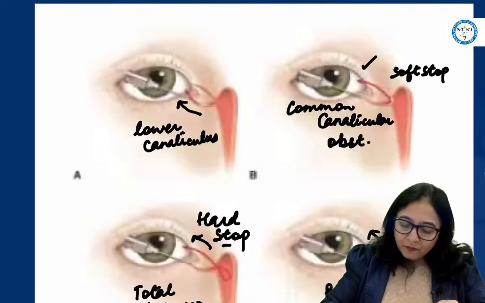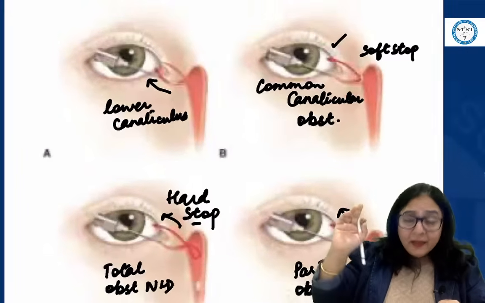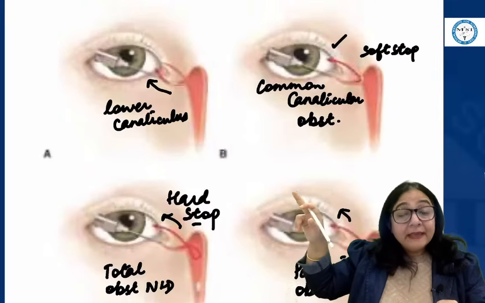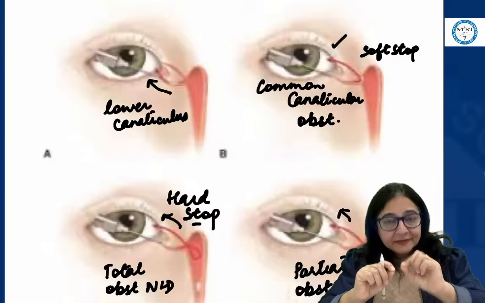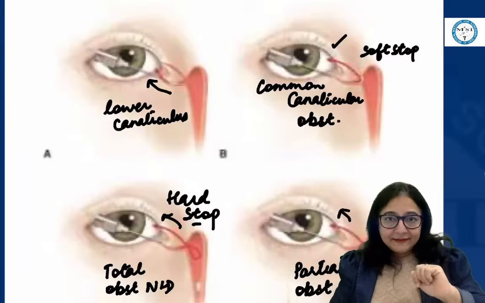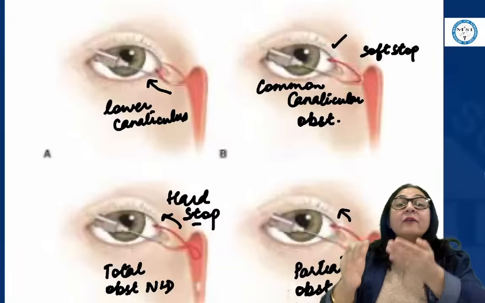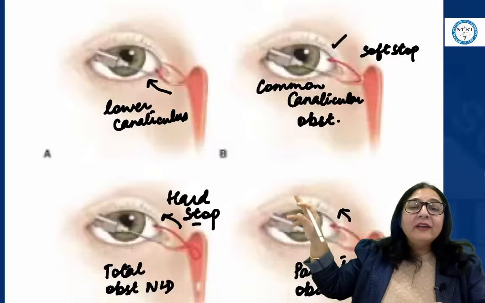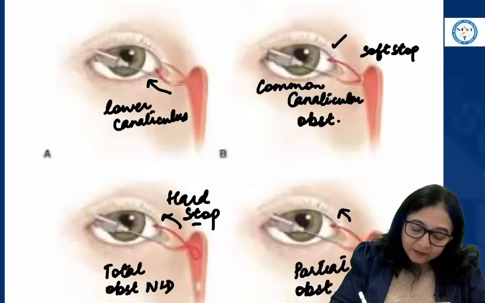Okay. So I'll just go through that once more with you. Now we start from A here. If you put the cannula into the lower punctum and try to advance it, you are not able to advance it, and the fluid comes back from the same punctum. Here we are checking the lower, so it means it is lower canaliculus obstruction.